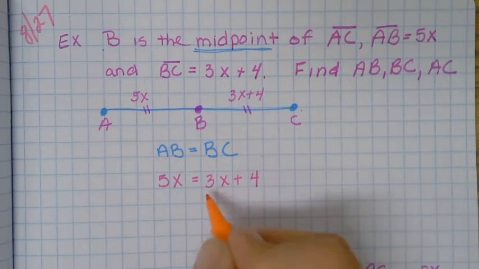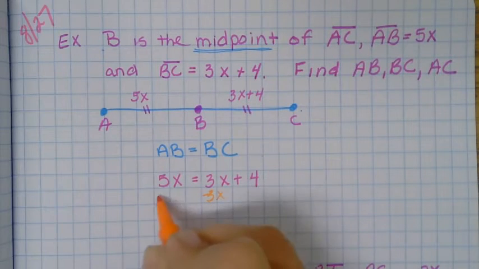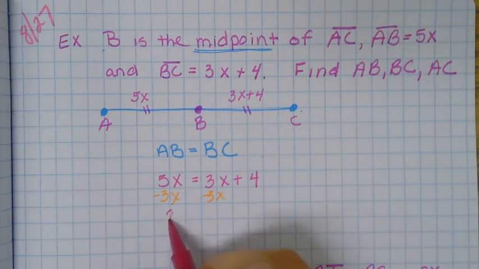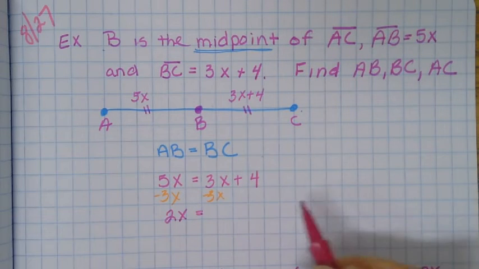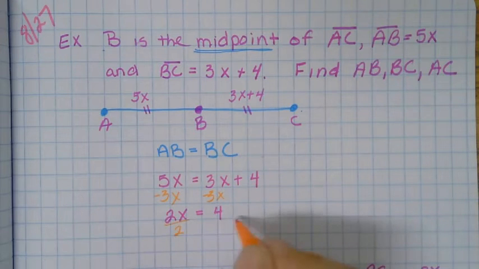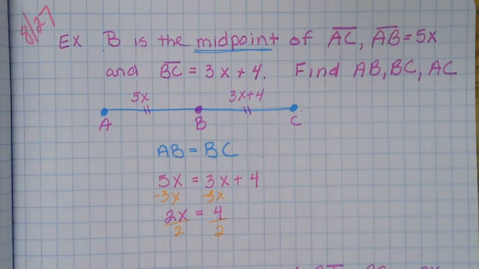Let's start solving it. So subtract 3x from both sides. So I'm going to get 2x equals 4. Then divide both sides by 2. So I'm going to have x equals 2.